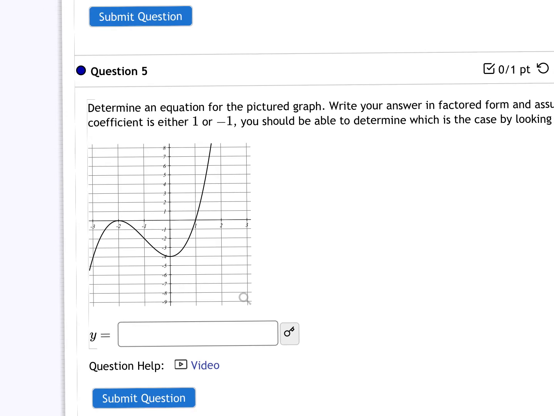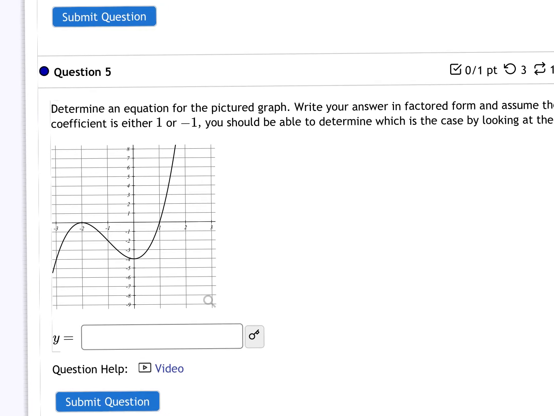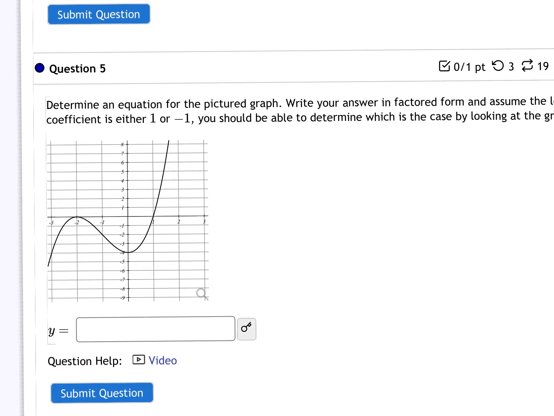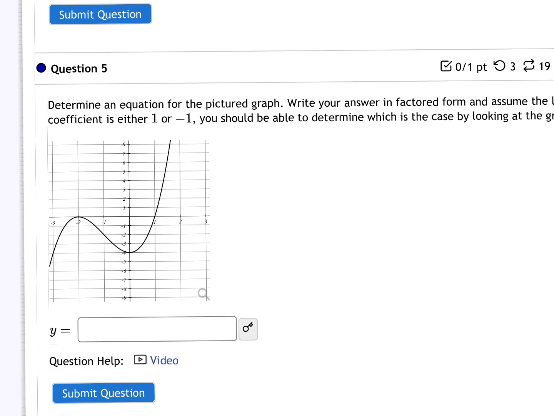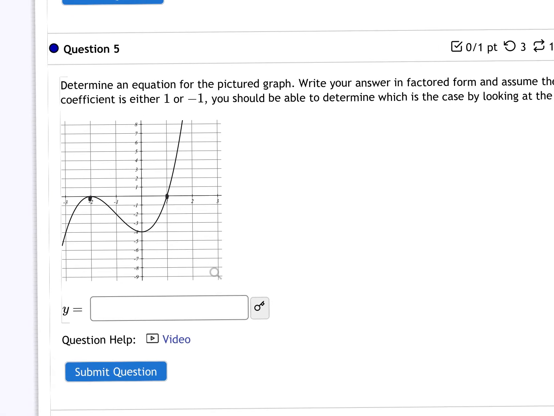All right. Determine the equation. Assume the leading coefficient is either positive 1 or negative 1. This is likely going to be a positive 1. If I just look at this here, it's bouncing, it's got the shape of a cubic.